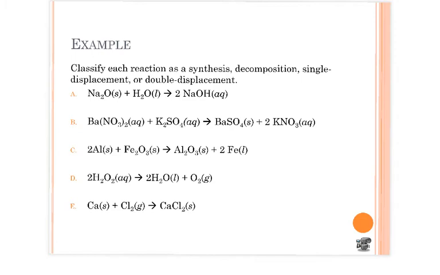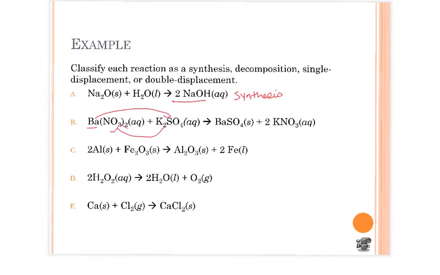Here we have one product, so this is key to saying that this is a synthesis reaction. Here in B, we have an exchange of anions and cations. So the barium went with the sulfate and the potassium went with the nitrate.